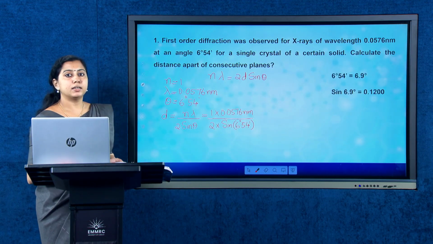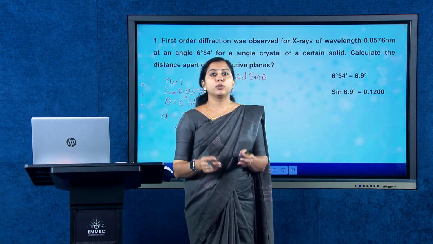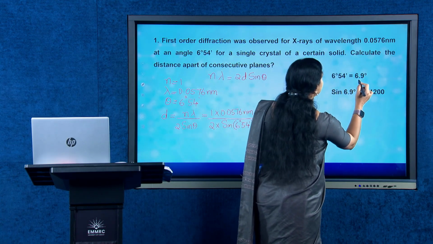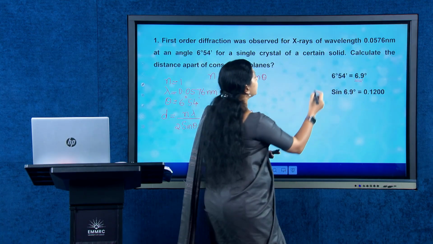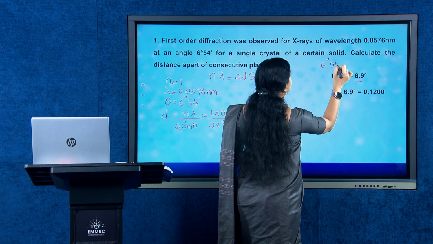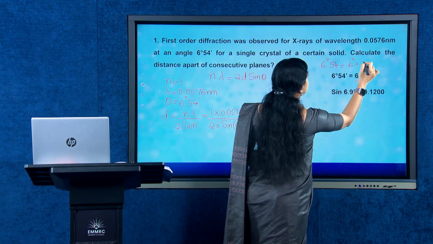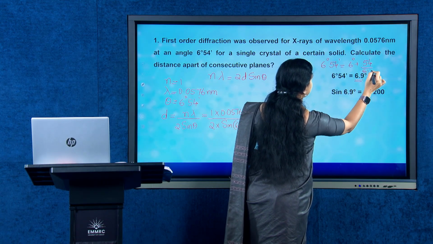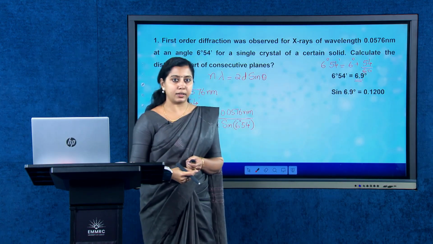Theta is given as 6 degree 54 minutes, so that minutes has to be converted into degree. You can convert it using 6 degree 54 minutes is equal to 6 degree plus 54 divided by 60. So, that will be approximately equal to 6.9 degree.